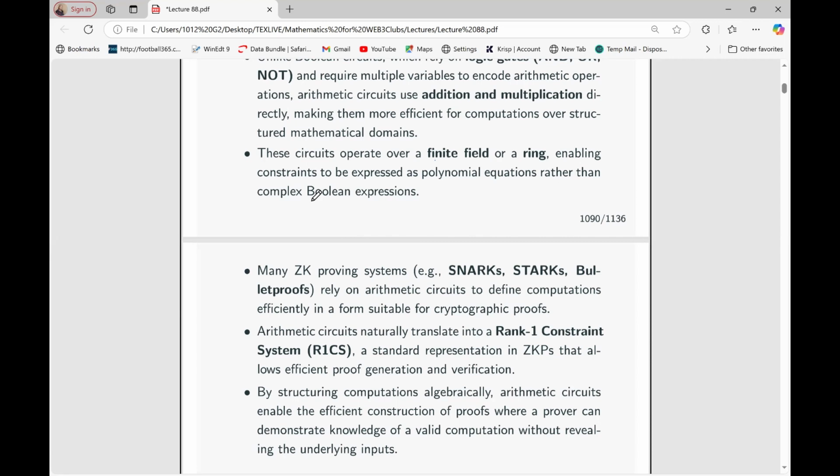And so we'll be seeing how to write equations that can perform those tasks where we can verify computations and prove those computations. That's what we'll be doing. And I've said here that many zero knowledge proving systems, such as SNARKs and STARKs and Bulletproofs, rely on these arithmetic circuits to define computations efficiently in a form that is suitable for cryptographic proofs.